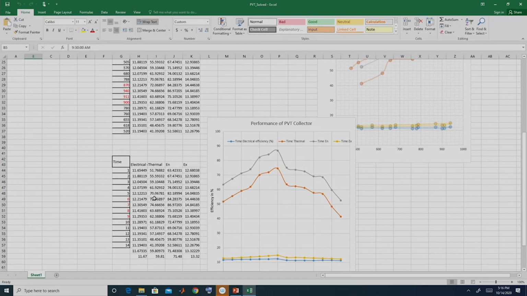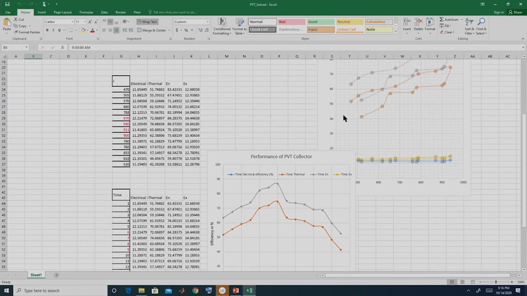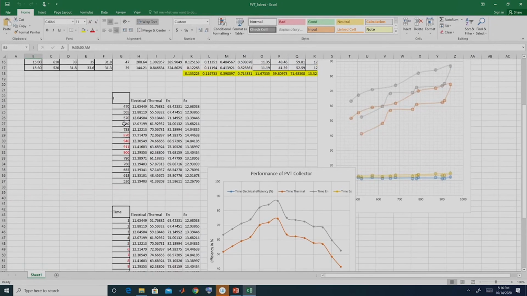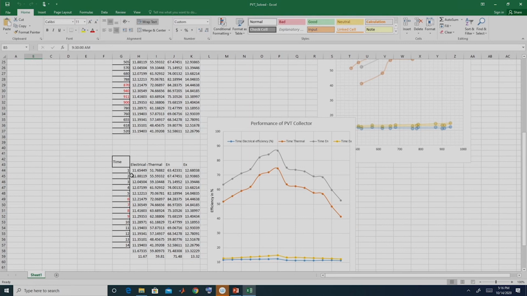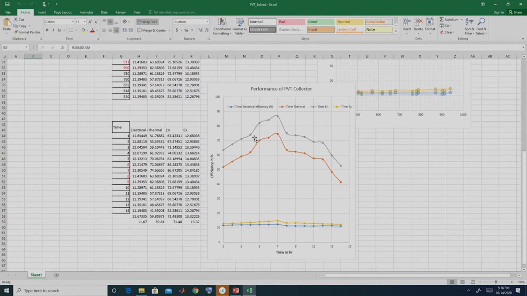So, maybe we can see the variation of efficiency with respect to the solar radiation, and then again we can see the variation of all the efficiencies at different times. Okay. So, with increase in time there is an increase in efficiency till mid of the day, then it is decreasing. Okay.